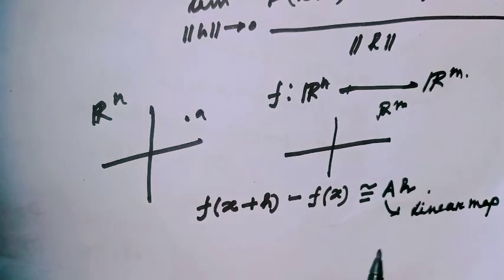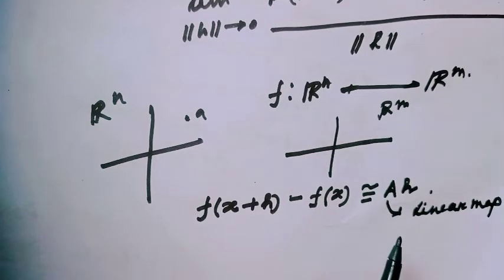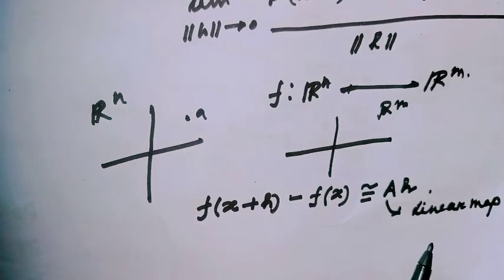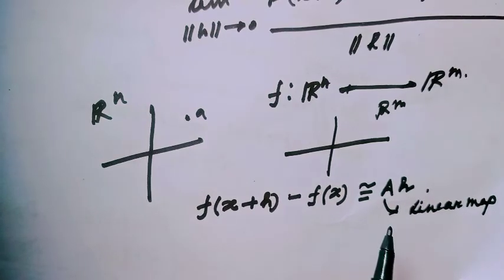And why capital A is a linear map, I have discussed a few minutes ago. I have discussed what is linearity. I hope now all my viewers have understood what linearity is.